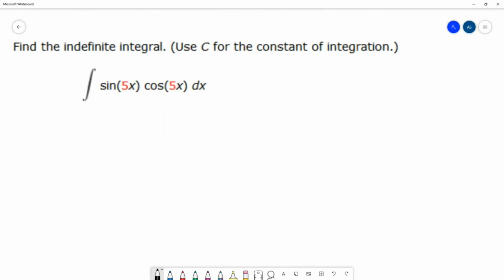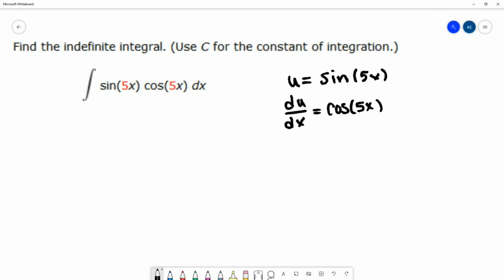So this time I'm going to choose u to be sine of 5x. I'm going to calculate the derivative of sine. The derivative of sine is cosine. We're going to use the chain rule, leave the inside alone, and multiply by the derivative of the inside, which is 5.